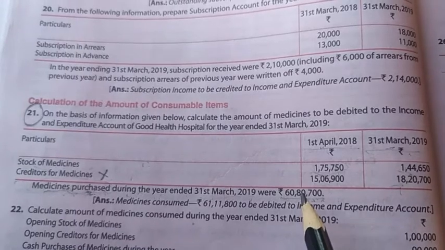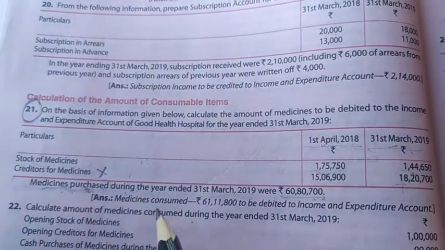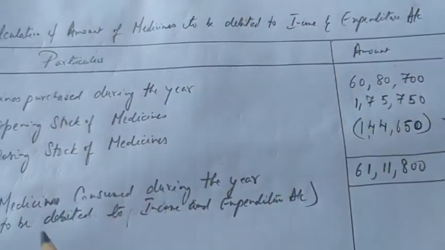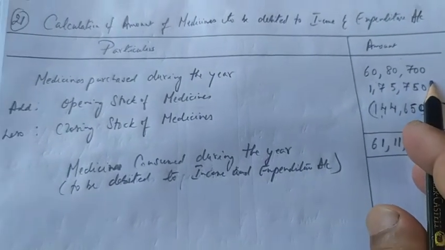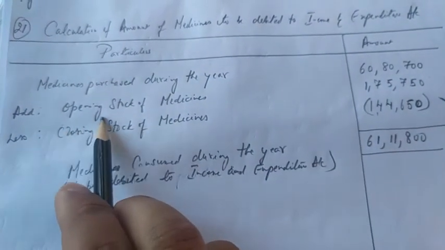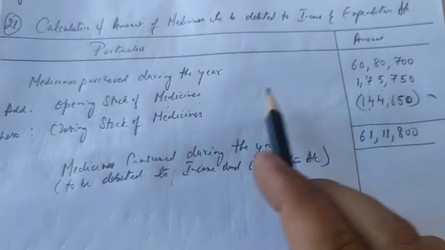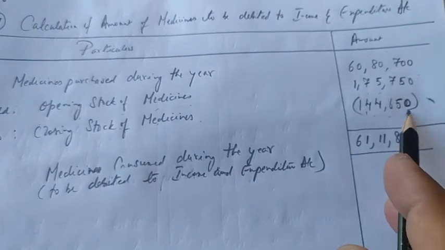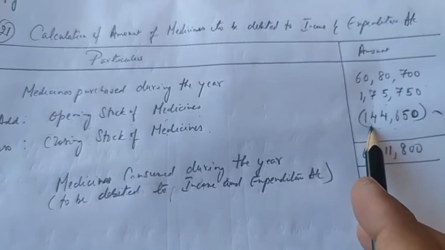So as we will see the calculation of amount of medicines to be debited or medicines consumed, you can see the solution over here. I have taken the medicines purchased during the year 60,80,700. To this we have to add opening stock of medicines 1,75,750, and the closing stock of medicines 1,44,650 has been deducted. Closing stock to be deducted.